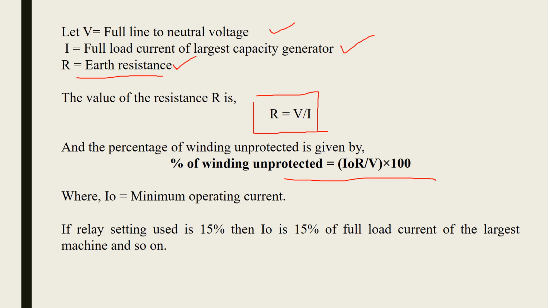here I naught is the minimum operating current, which is equal to 15% of the full load current. Here I naught is calculated as 15% of I, the full load current.